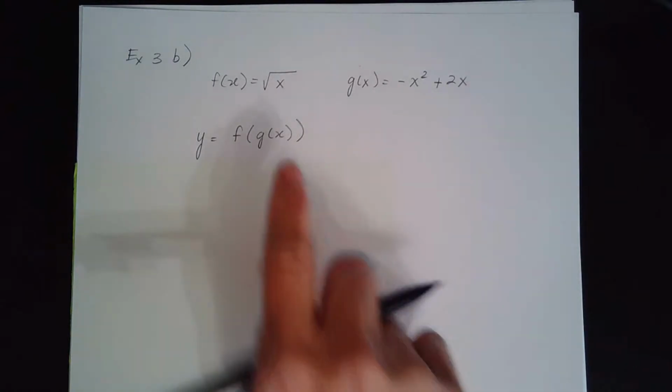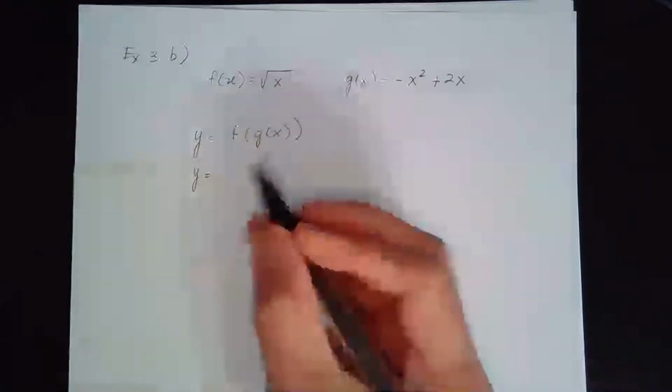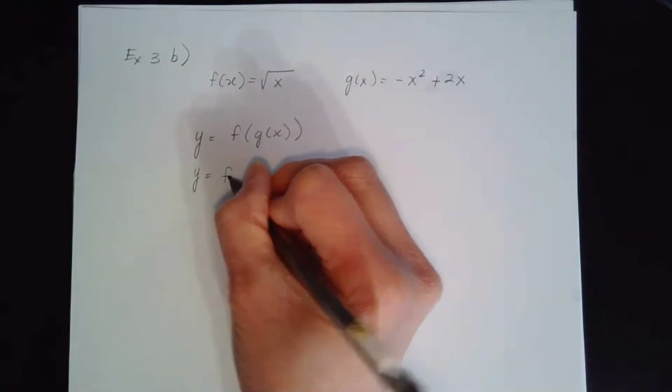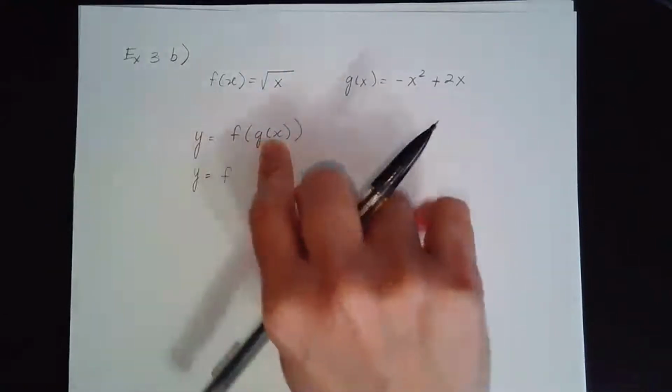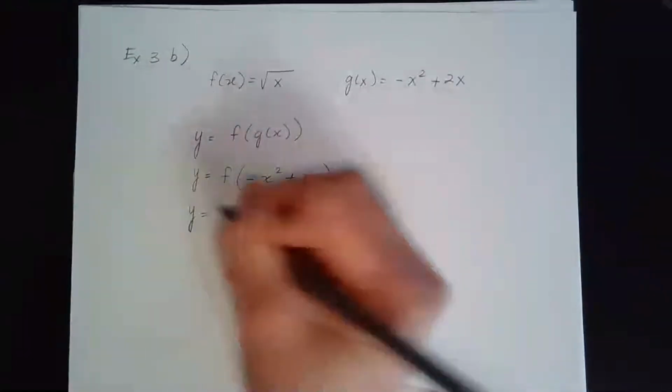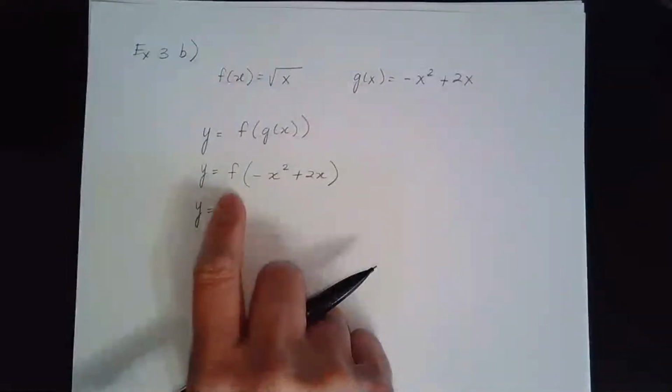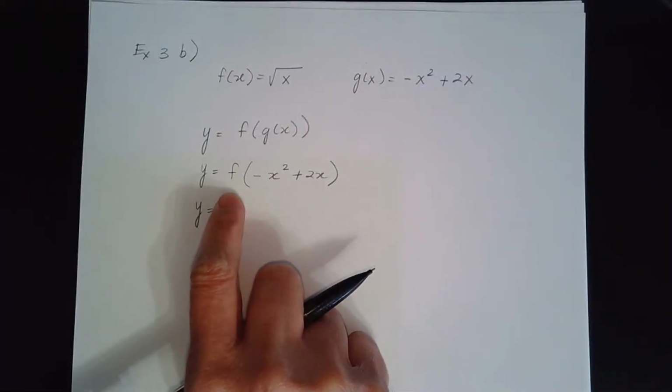Okay, so the very first thing we have to do is figure out the explicit form. Starting with the inside, what's the g of x? g of x is negative x squared plus 2x. Now we turn our attention to function f.